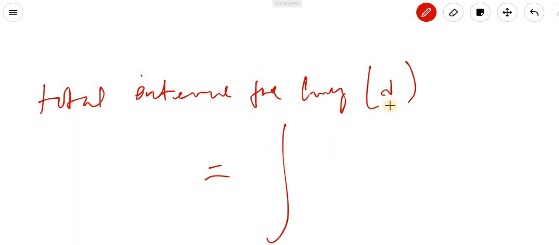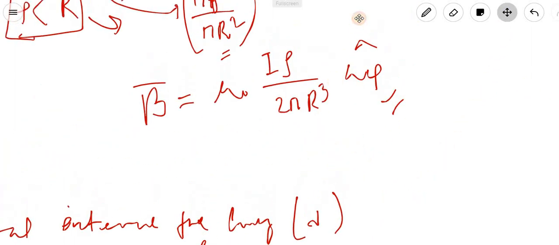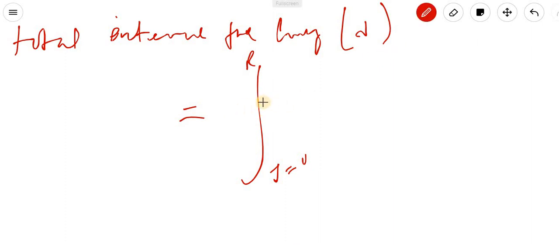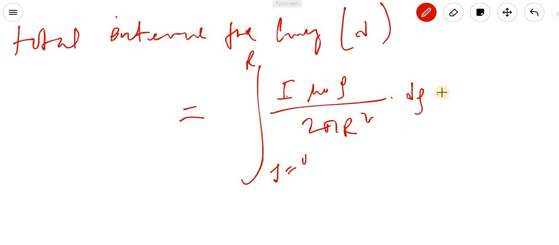It is the integral from rho equal to 0 to r, with B presented here as I mu naught rho over 2 pi r squared, d rho, and one more time the turns term is coming. Okay, so this is the expression.